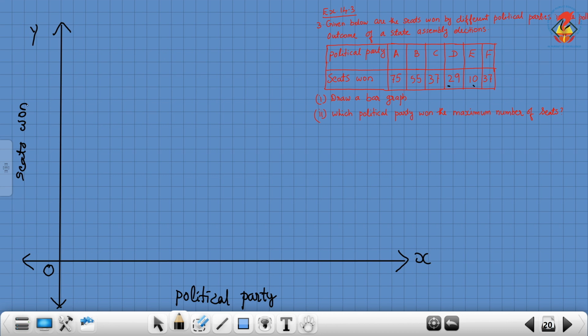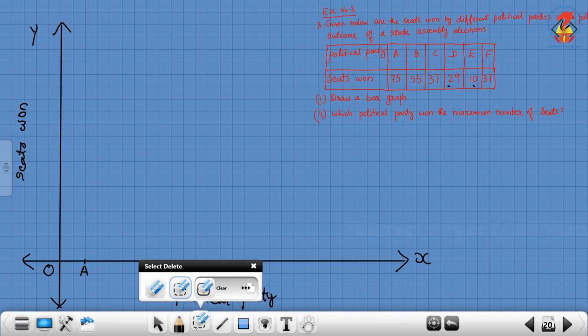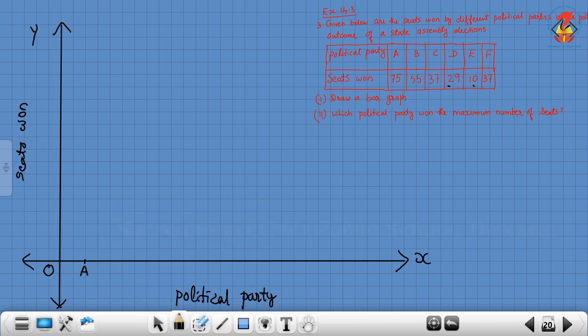First leave 2 units, then mark A. Again leave 1 unit, B, next C, next D, E, F.